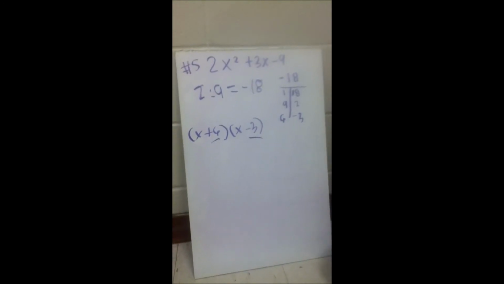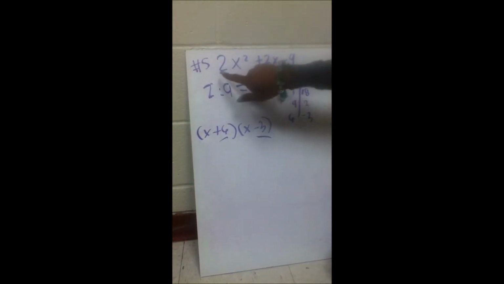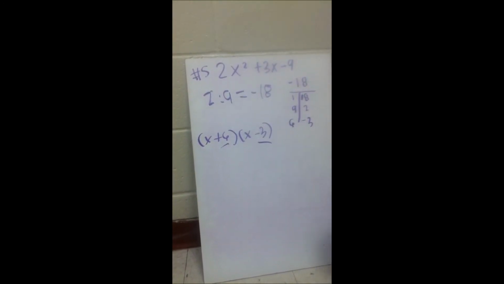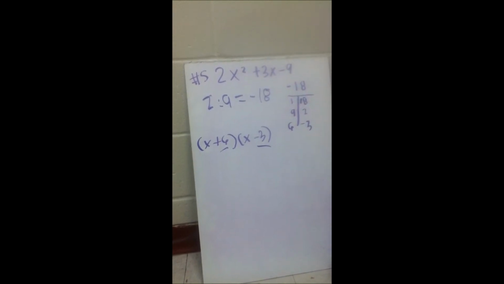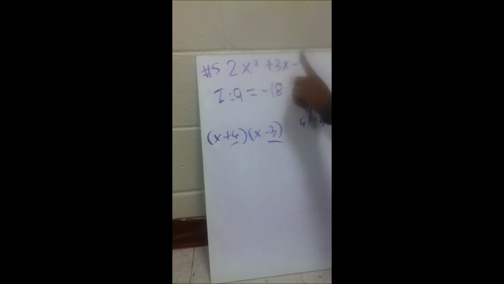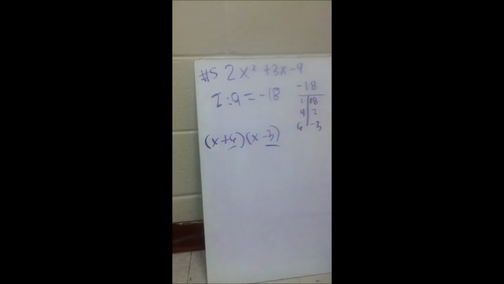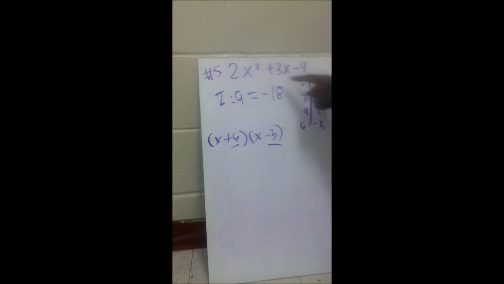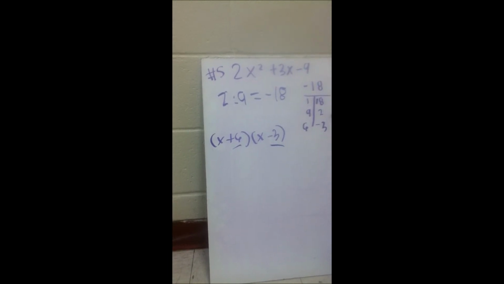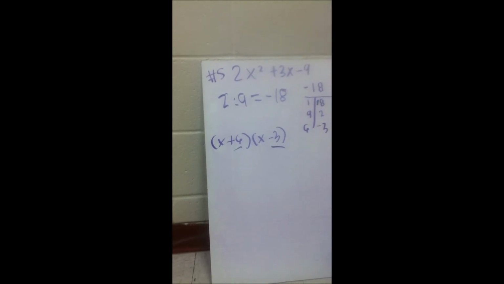So this equation is number 5, and it's 2x squared plus 3x minus 9. So then you want to multiply A times C, which is 2 times negative 9, which equals negative 18. So then you want to factor that out to figure out what numbers multiply into negative 18 but add up to 3.